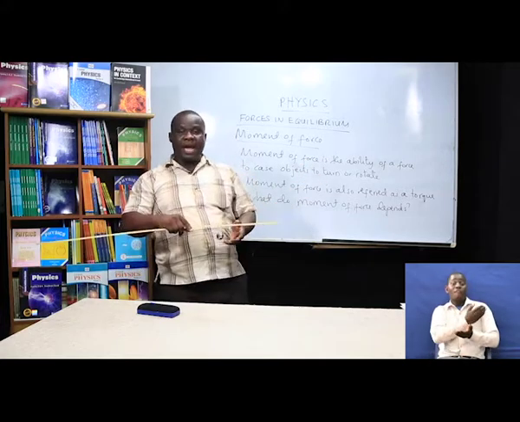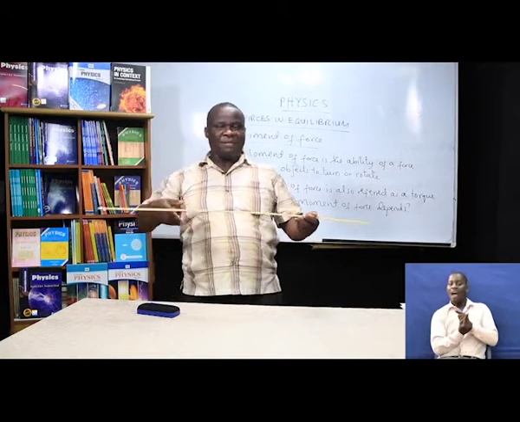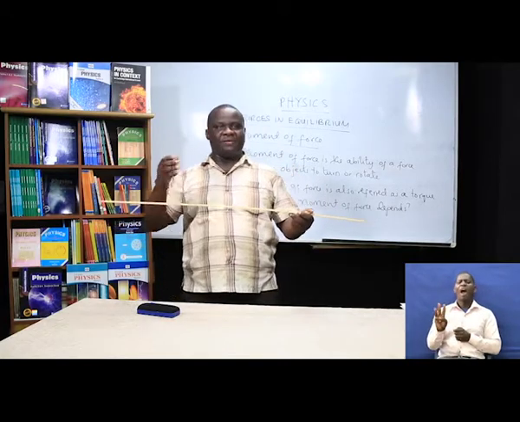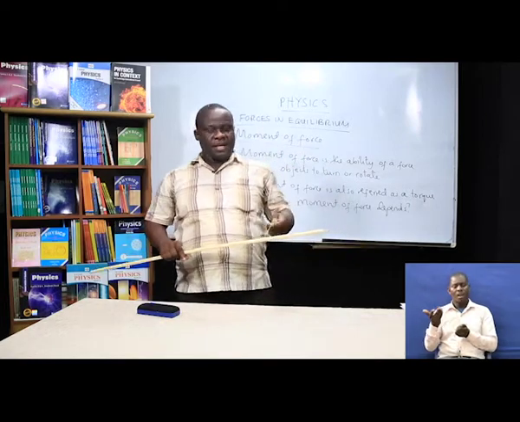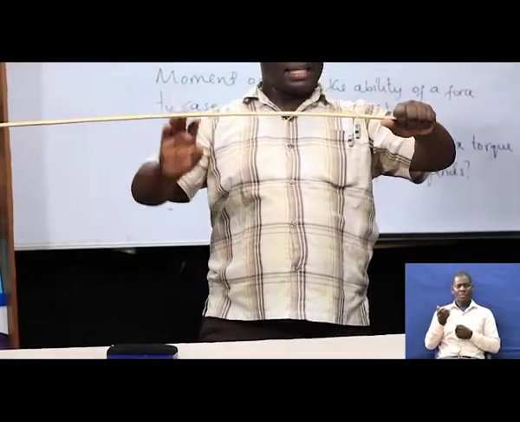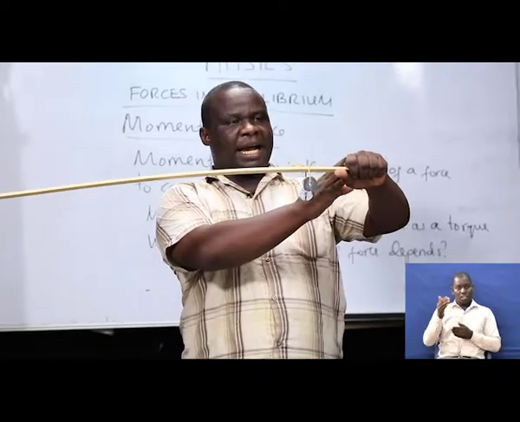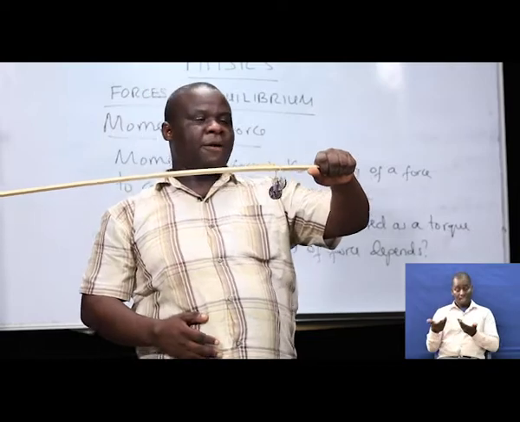As we said, recall that moment of force is the ability of a force to cause objects to turn. I have a meter rule here. Even where you are, you can have something which is just a rod or whatever. I also have a mass here. If I hold the meter rule, this point can be regarded as a point of suspension or a fulcrum.